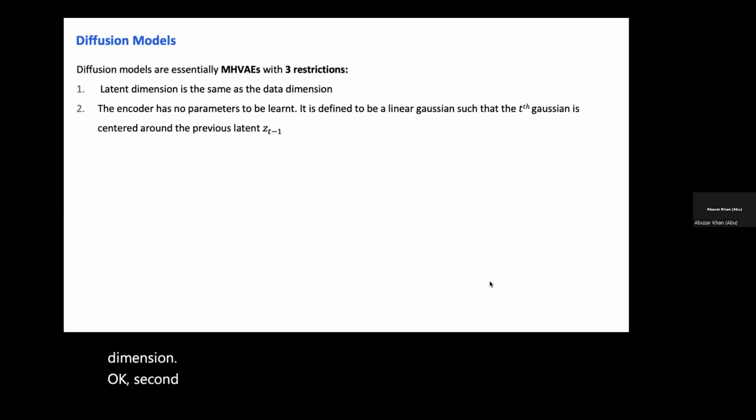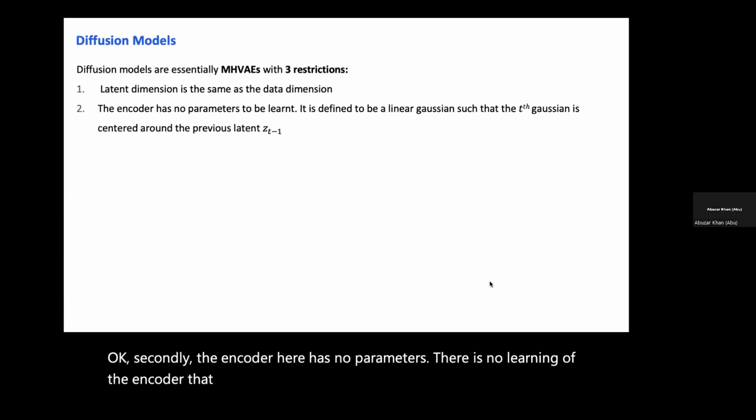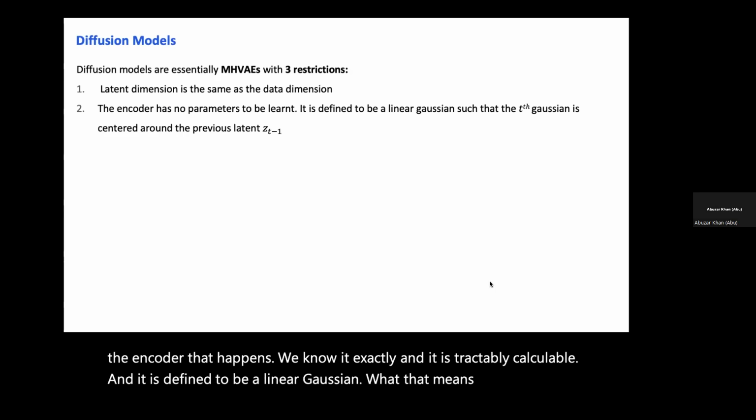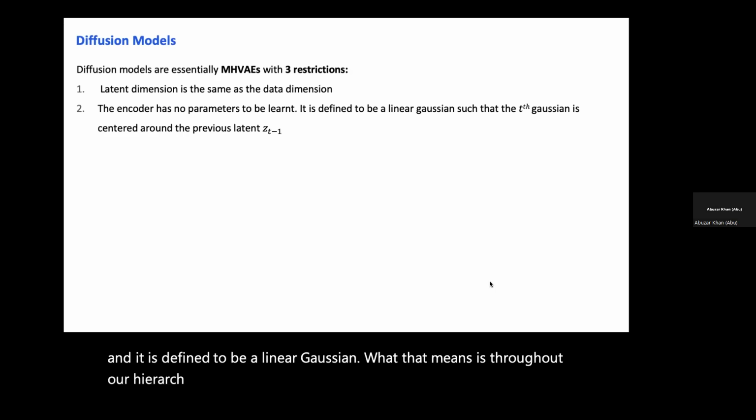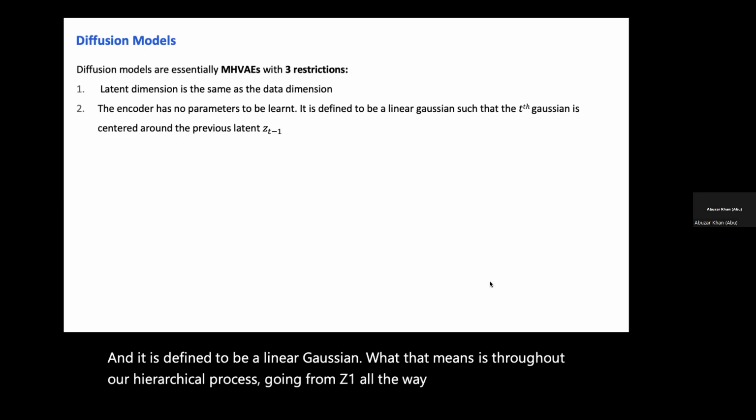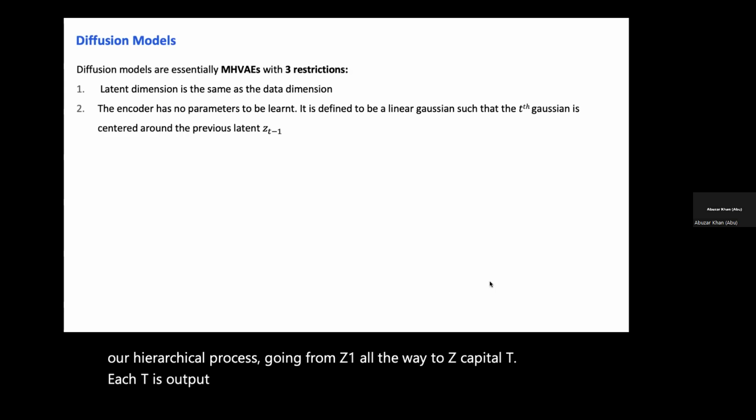Secondly, the encoder here has no parameters. There is no learning of the encoder that happens. We know it exactly, it is tractably calculable, and it is defined to be a linear Gaussian. What that means is throughout our hierarchical process, going from Z1 all the way to capital ZT, each t-th output is a Gaussian centered around the output of the previous latent.